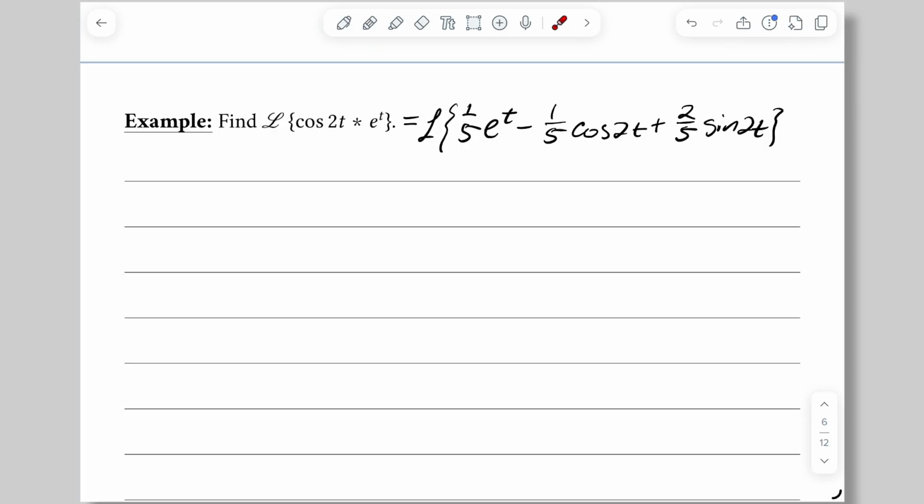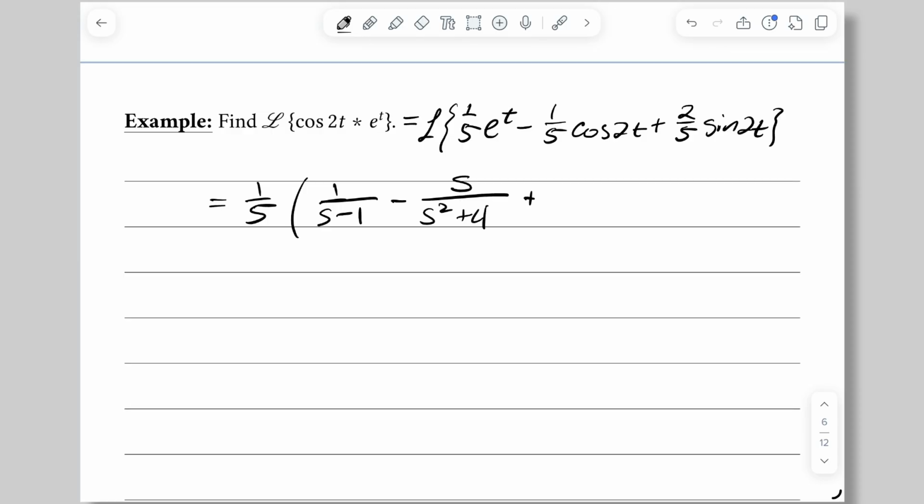We'll transform these one by one, but also we'll note that there's a factor of 1/5 everywhere. So I'm going to write that 1/5 out front. And the transform of e to the t is 1 over s minus 1. The transform of cosine of 2t, cosine is going to give us an s in the numerator. 2t tells me that k is 2, so s over s squared plus 4.